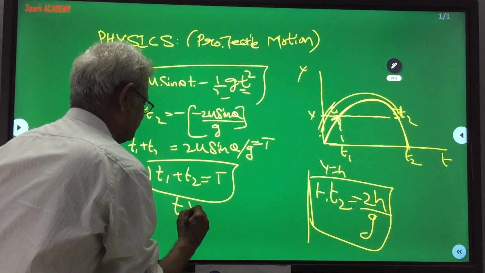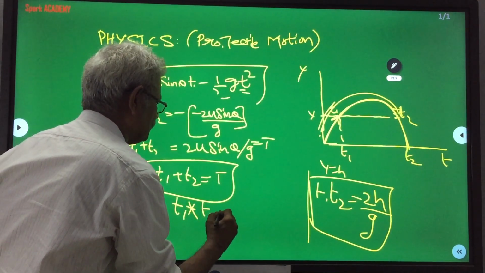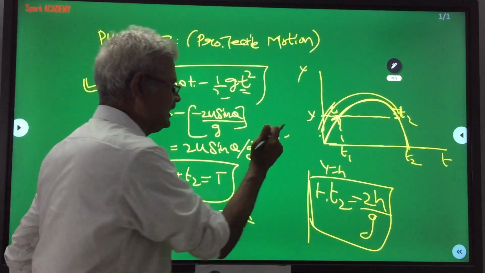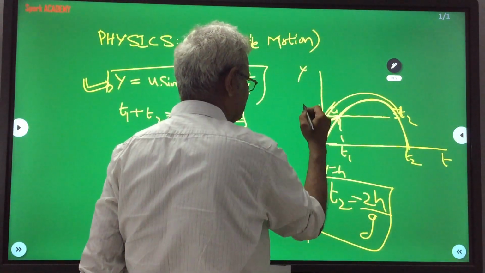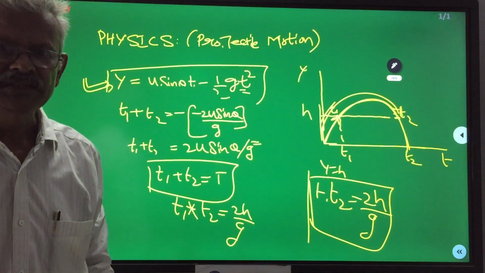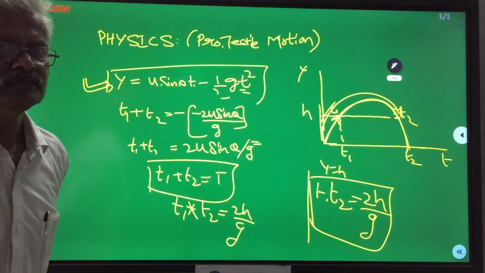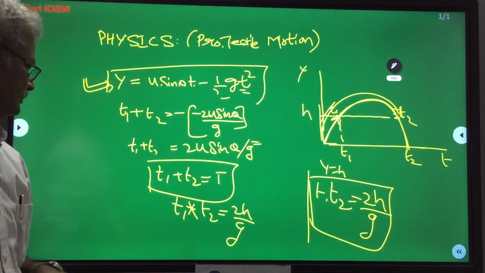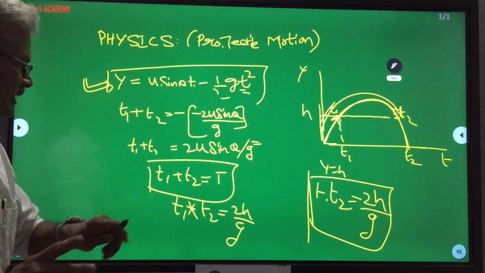Product of the roots is c by a, which is 2h by g. What is h? h is the same factor for both the time intervals. Understood? Just look at this.